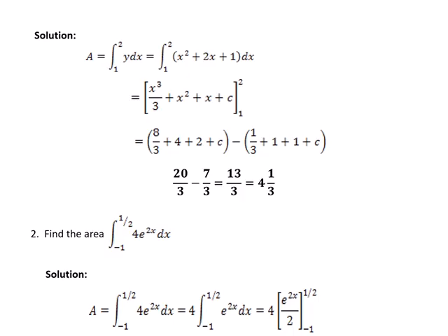Here a is -1 and b is half, and y is 4 exponential 2x dx.